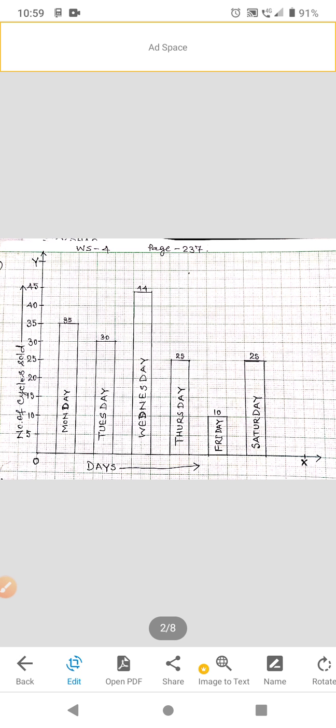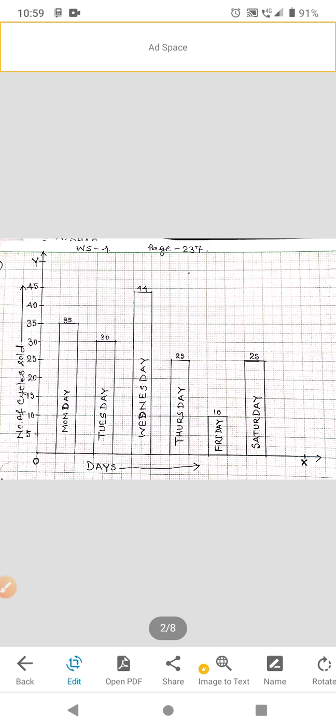Step 1, on a graph paper, draw a horizontal line OX and a vertical line OY. These two lines represent the x-axis and y-axis respectively. Horizontal line OX is called the x-axis and vertical line OY is called the y-axis.